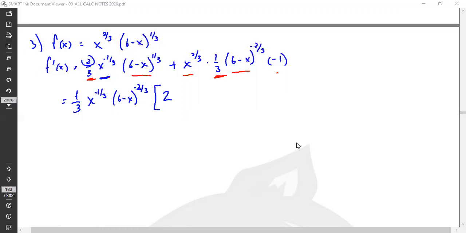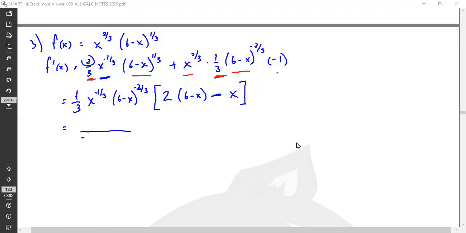The (6 minus x) to the 1/3 is now (6 minus x) to the positive 1. And then our second term, this is minus. We've common factored out 1/3. Common factor out x to the negative 1/3 means we are left behind with x to the 1. And that (6 minus x) is all gone. There's my first derivative.